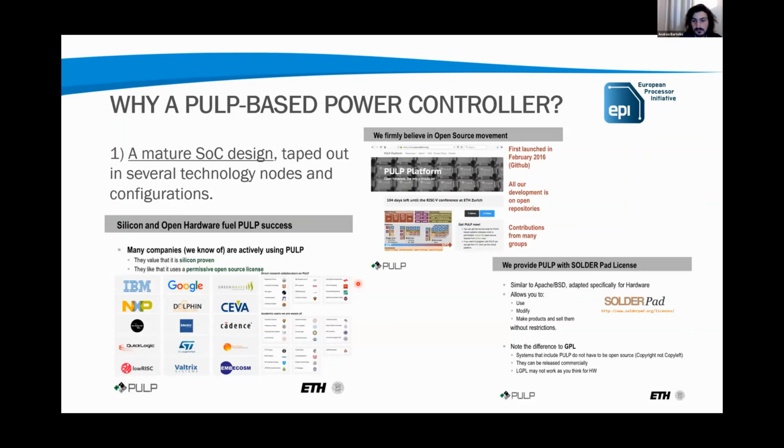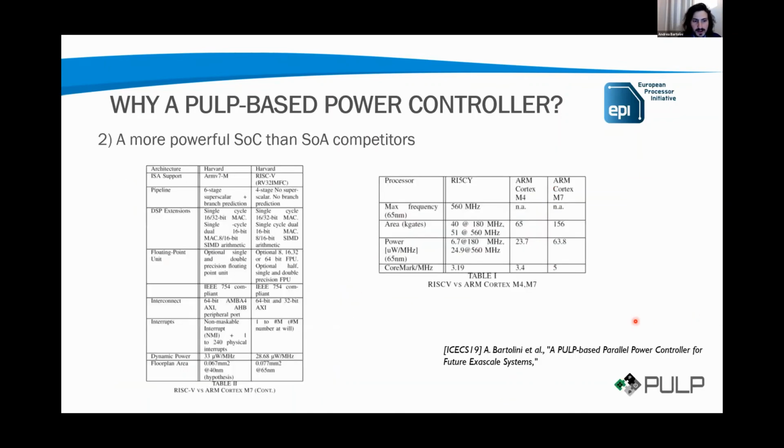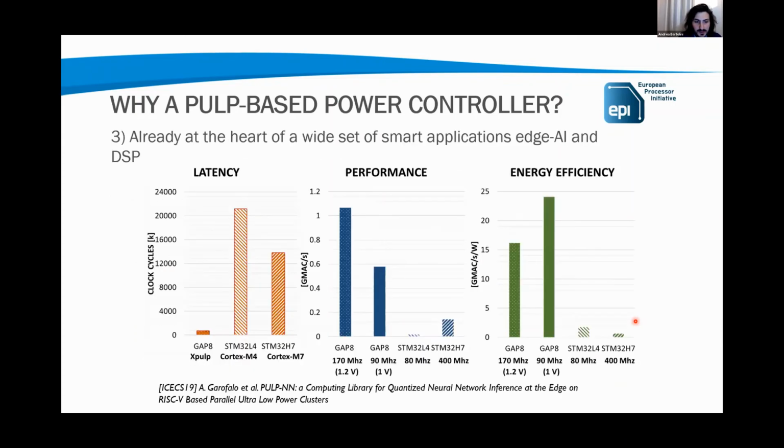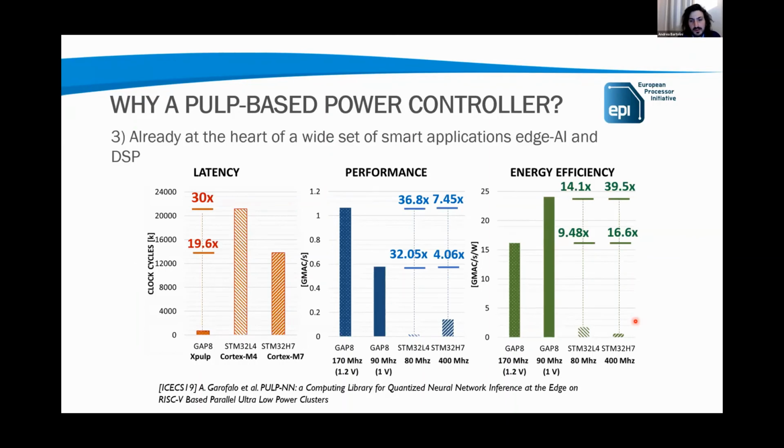It is mature, that's the first benefit of PULP, so it's been silicon proofed and used by many industrial partners. The license allows use in industrial projects without restriction. It is more powerful than competitors' state-of-the-art systems on chip on the same scale. So it is smaller when compared to an ARM M4 and M7, and it achieves higher performance when dealing with complex applications based on AI and edge.